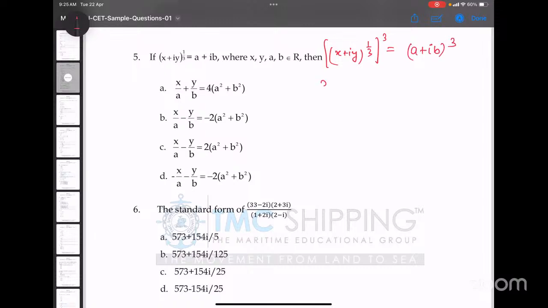So this will be x plus iota y is equal to a cube plus iota cube b cube, because iota b to the whole cube will give iota cube b cube. Iota cube is minus iota. So this will be a cube minus b cube iota plus 3a square b plus 3b square a with iota square, that is minus 1, so this will be minus 3b square a.